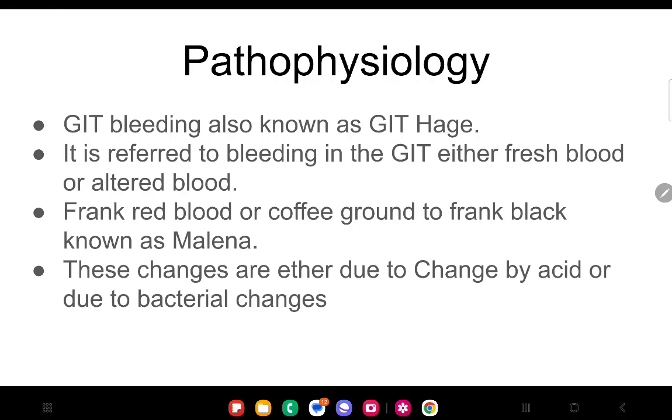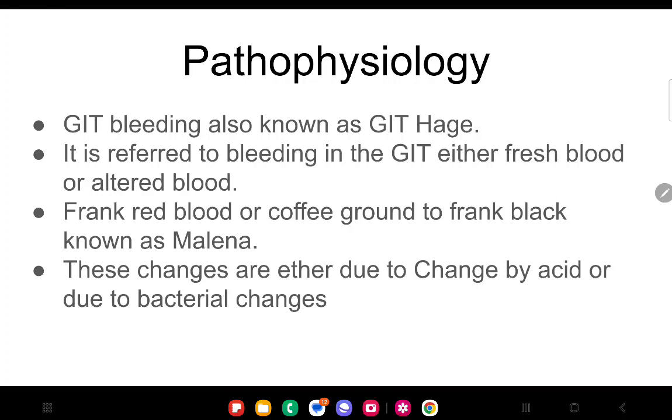Frank red blood, coffee ground, or frank black stool, known as melena, may present as upper GIT hemorrhage. These changes are due to the acid in the stomach or to digestion of the blood in the gastrointestinal tract.